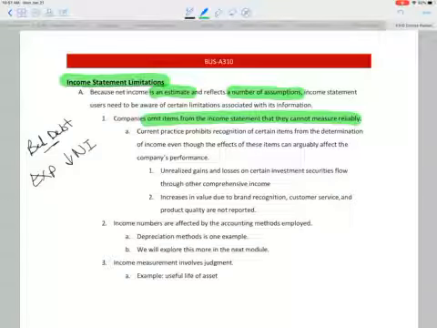The other thing that you might see is unrealized gains and losses, and those go in other comprehensive income, but they're not reflected in net income.